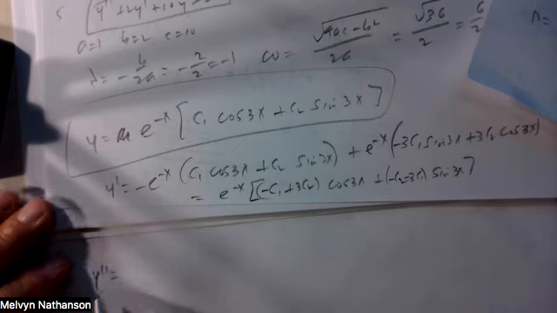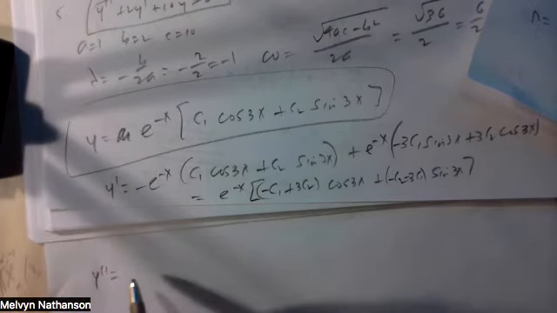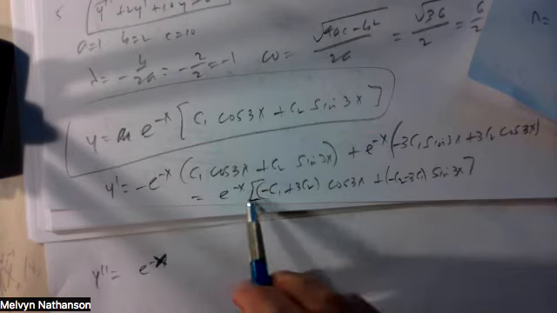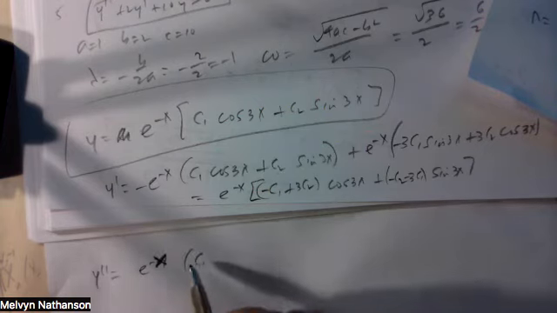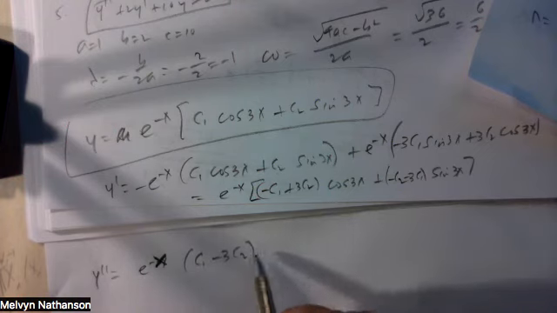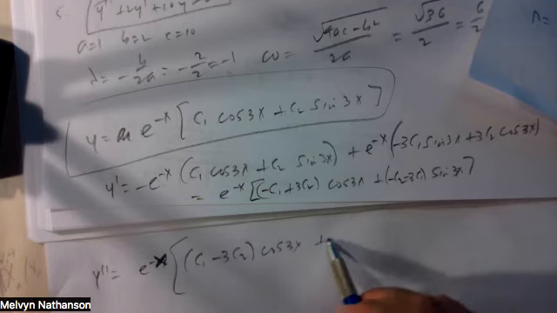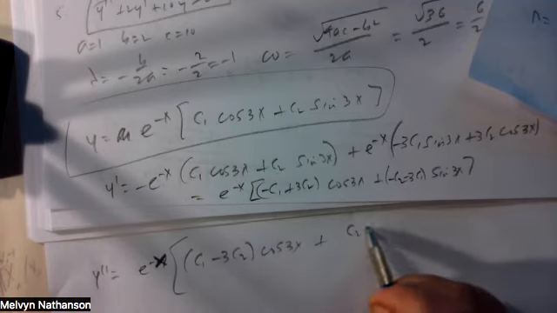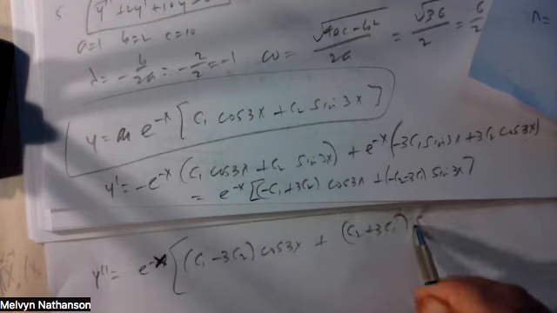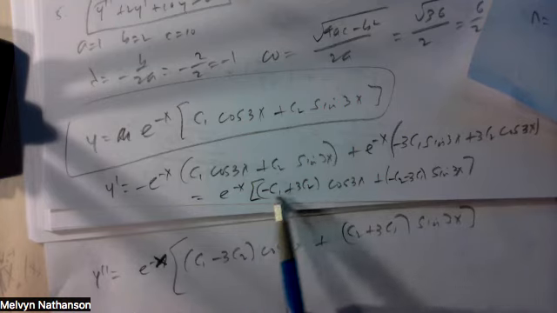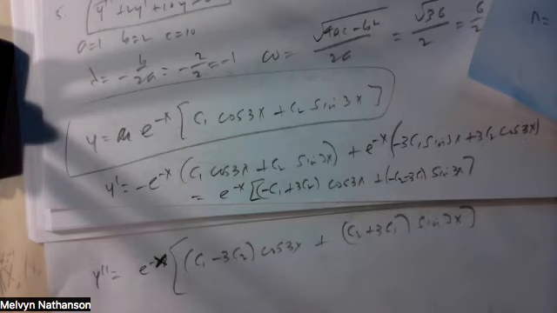So y'' is e^(-x) times (-(C1) - 3C2 cos 3x + (-C2 + 3C1) sin 3x) plus e^(-x) times the derivative of this.